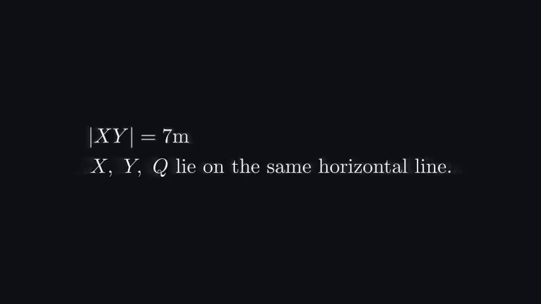X, Y, Q lie on the same horizontal line. Angle YQP equals 90 degrees. Angle QXP equals 50 degrees.